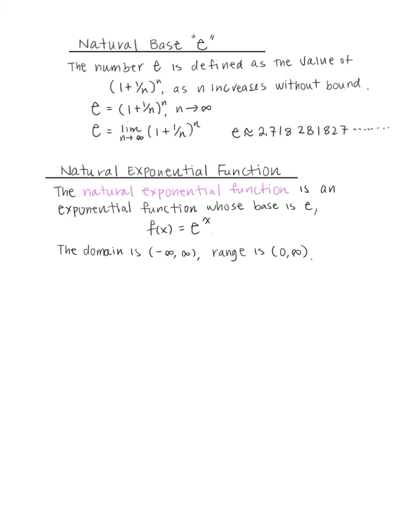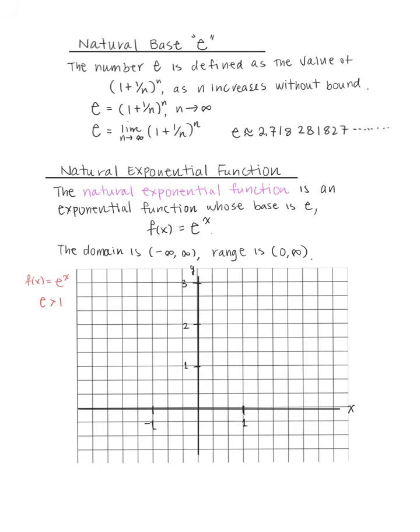Now again, notice that e is approximately 2.7, correct? So the value of e is greater than 1. So when you graph e to the x, it should have the same behavior as an exponential function whose base is greater than 1.